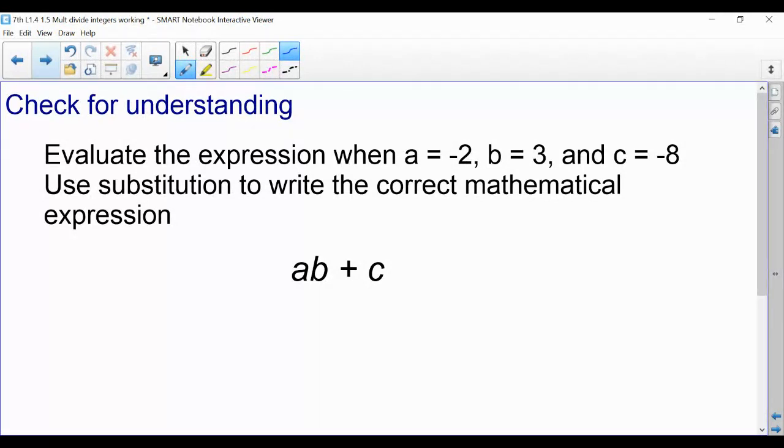So the first one here, evaluate the expression when A equals negative 2, B equals 3, and C equals negative 8. AB plus C. A is negative 2. B is 3. Plus C is negative 8. So there's the correct expression.